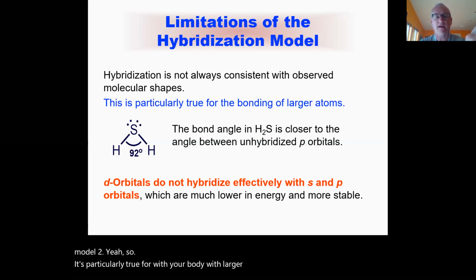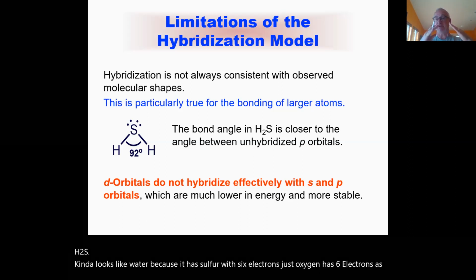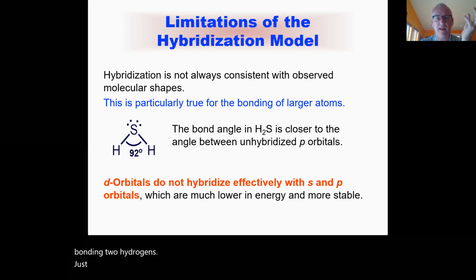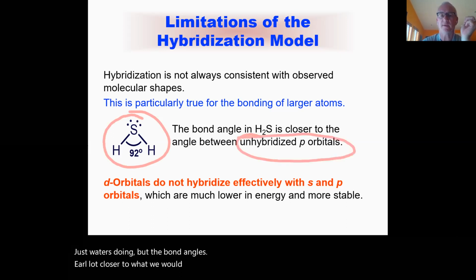For instance, I mentioned before that H2S kind of looks like water because it has sulfur with 6 electrons, just like oxygen has 6 electrons. It's bonding to hydrogens, just like water's doing. But the bond angles are a lot closer to what we would think unhybridized orbitals would be.